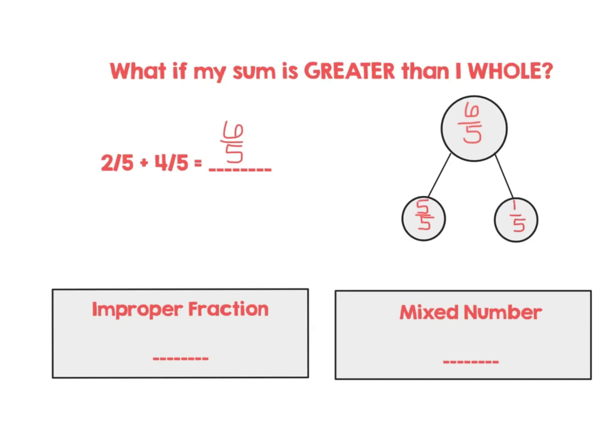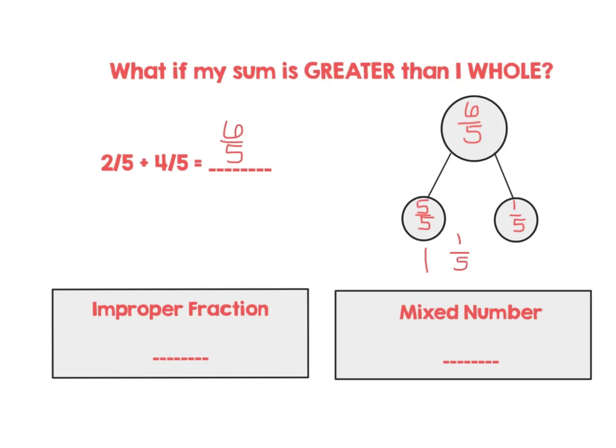So I'm really saying that 6/5 is the same as 1 whole, and let's go back to that. I'm really saying that 6/5 has 5/5 plus 1/5 in it, which is the same as saying I have 1 whole and 1/5.